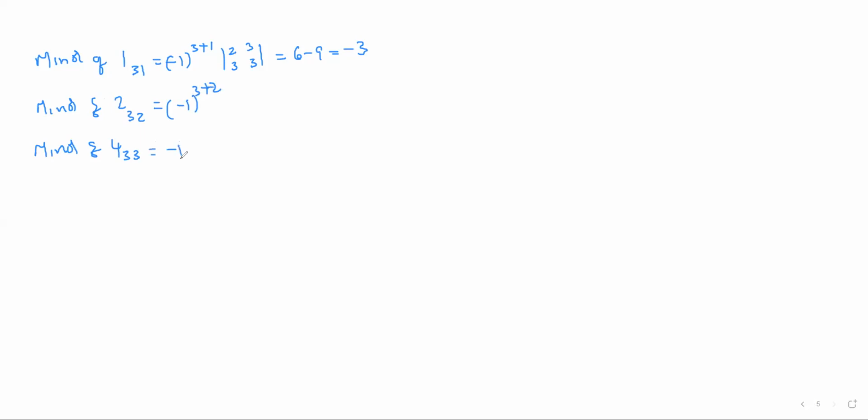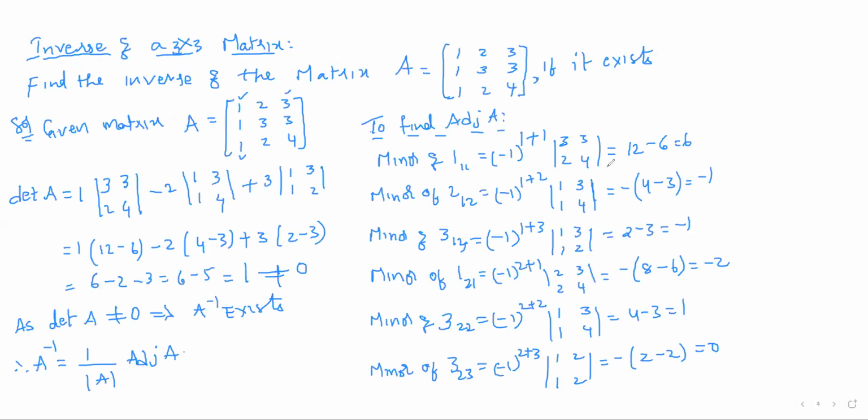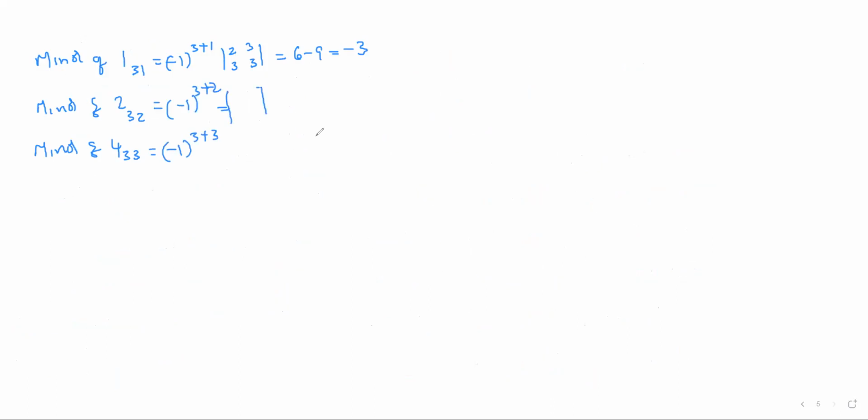Similarly minus 1 whole to the power of 3 plus 3 into determinant of, what is the value for 2, corresponding row and column by deletion: 1 3 1 3. So 1 3 1 3. So how much we will get? Determinant minus 1 whole power 5 means minus of 3 minus 3, that is 0 only.